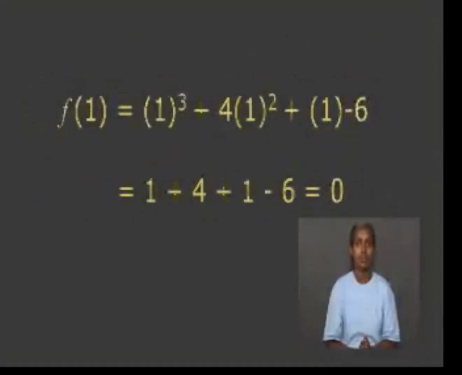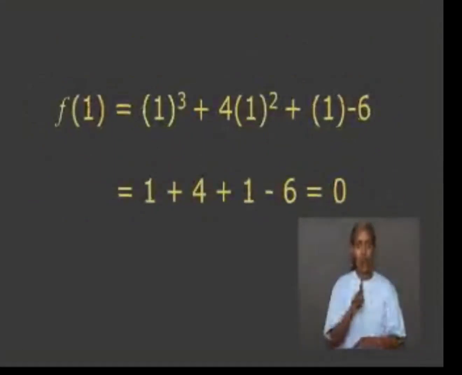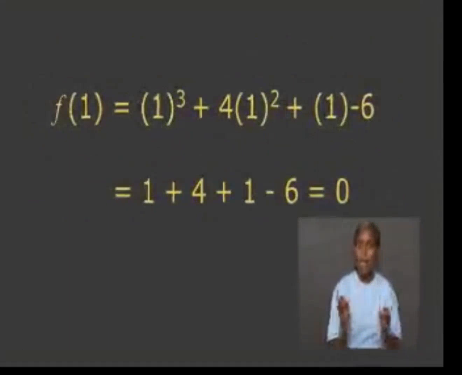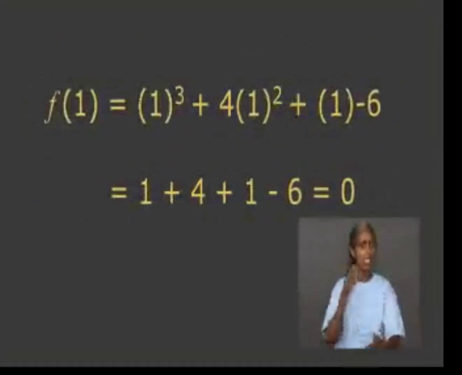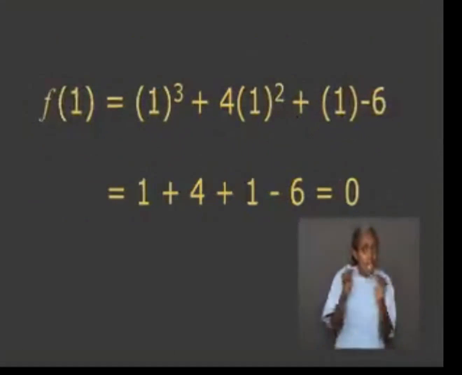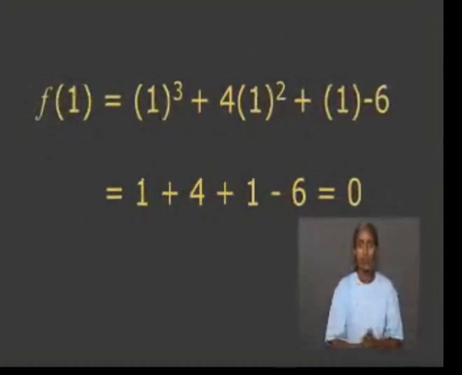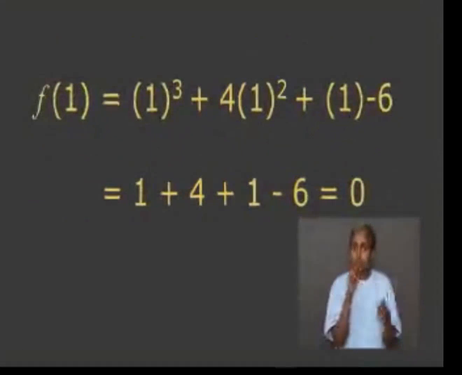F of 1 equals 1 plus 4 plus 1 minus 6. This equals 0 as well. So 1 is a third zero of this function.